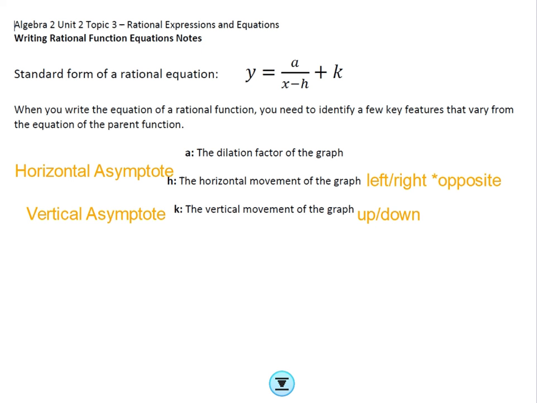We can also do 1 over x squared, which is very similar. It would just be y equals a over x minus h squared plus k. But ultimately that's basically the same idea.